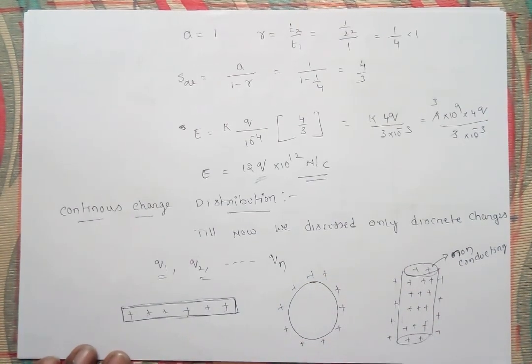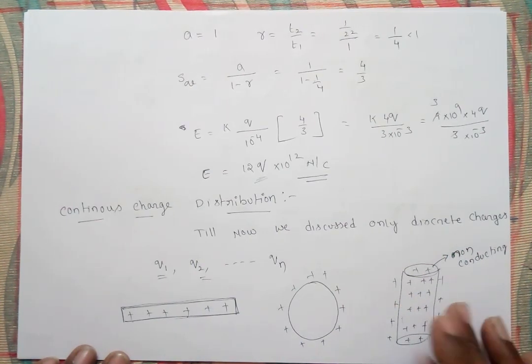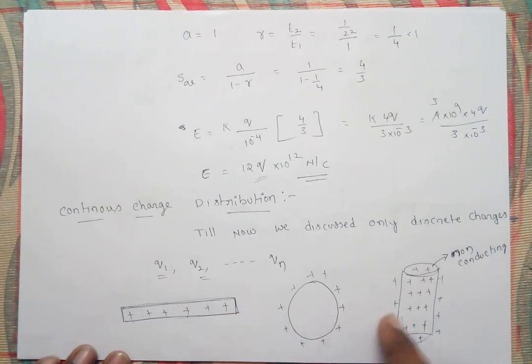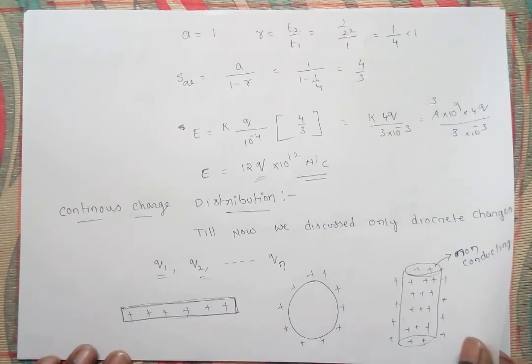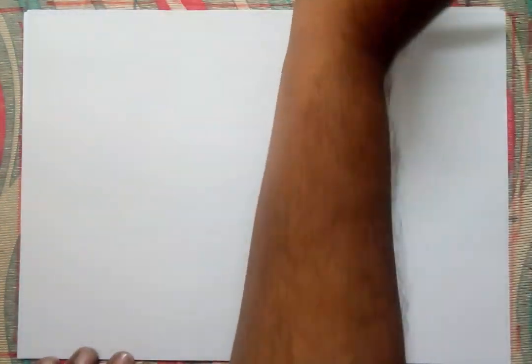That is one of the methods. So charge linearly distributed means linear charge density; surface-wise distributed means surface charge density; distributed throughout the body means volume charge density. Like that, we have different kinds of charge densities based on the distribution of charge over the bodies. So now we'll go for the different charge densities.